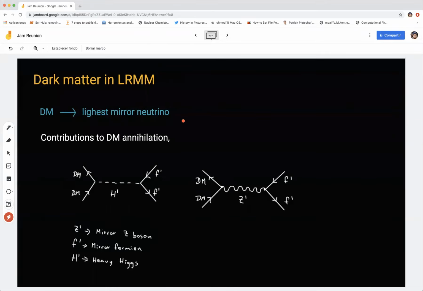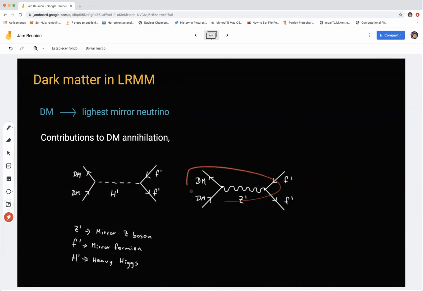Finally, we will comment on the analysis for dark matter, which is in progress. First, the particle that we consider to play the role of dark matter is the lightest mirror neutrino. Based on the scenarios presented previously, the channels for dark matter annihilation are as shown here.